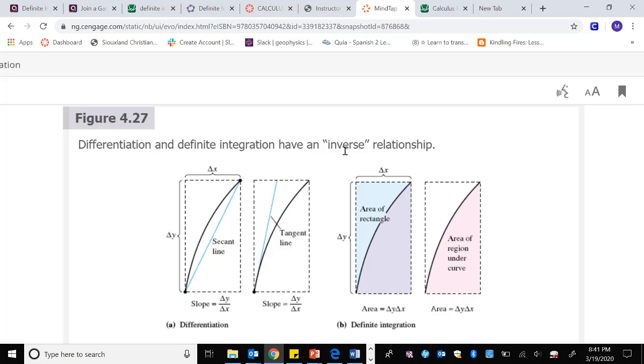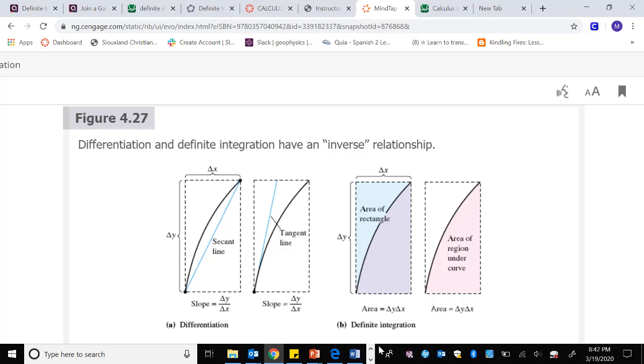So the secant, the slope, is like the area of a rectangle. Both of these are something you could have figured out in an algebra class without knowing any calculus. Tangent line, which is your derivative, and area under the curve, which is your antiderivative or your fundamental theorem of calculus, are something you need calculus for.